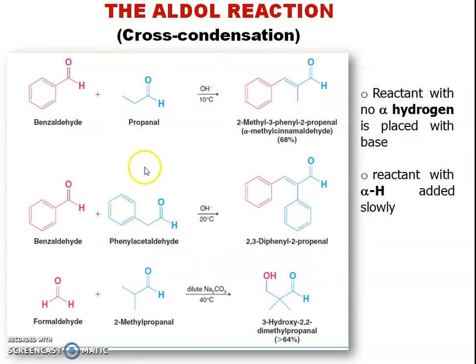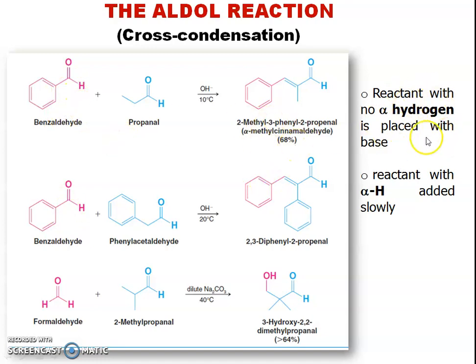So these are the examples where crossed aldol condensation occurs. For example, benzaldehyde and propanal form a product like this, and you can use phenylacetaldehyde. This is the non-enolizable part, and this one is the enolizable part.